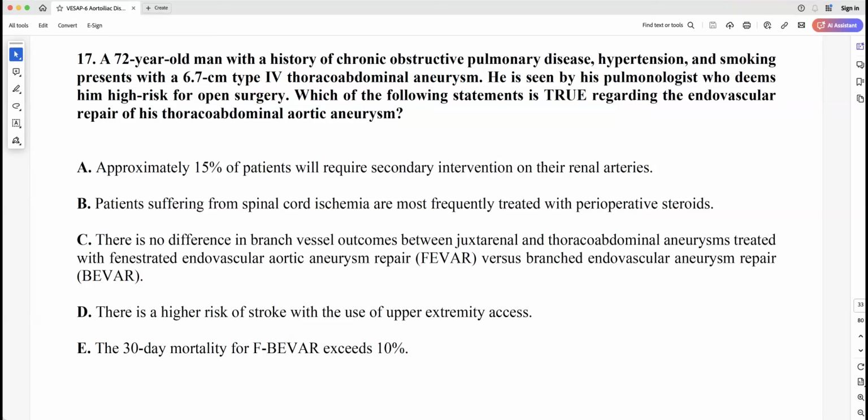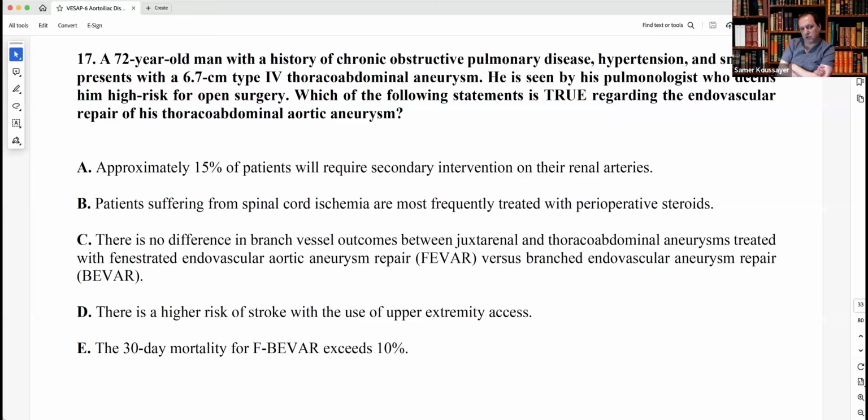So next, there is higher risk of stroke with the use of upper extremity access. I don't think it's related. Yeah, you see what they mean: now most people, if you do a BEVAR and FEVAR, try to do it from the groin, because usually you go from the arm, since it's easier to cannulate the branches from above.